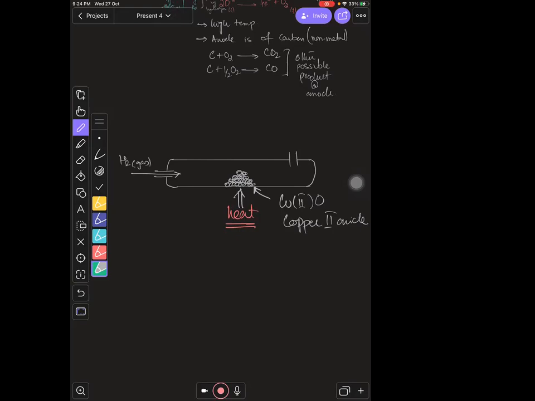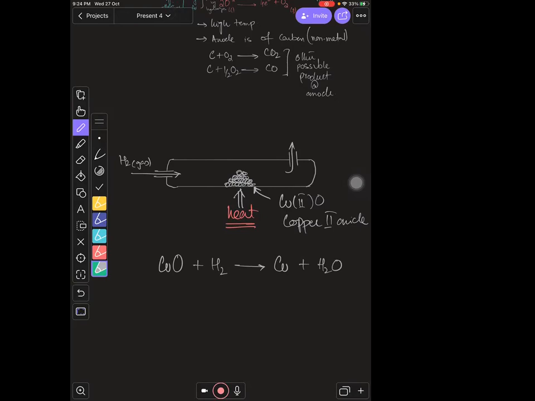Okay, bacho. Now you know this, that initially, when hydrogen enters the tube, it will push out oxygen, nitrogen, whatever the air inside the tube, so it will get out, right? And then what's going to happen over there? You know that hydrogen is more reactive than copper, so it will displace copper and take the oxygen towards itself.